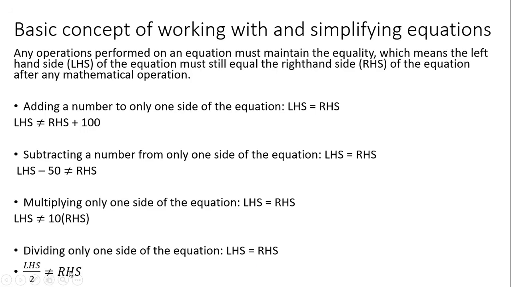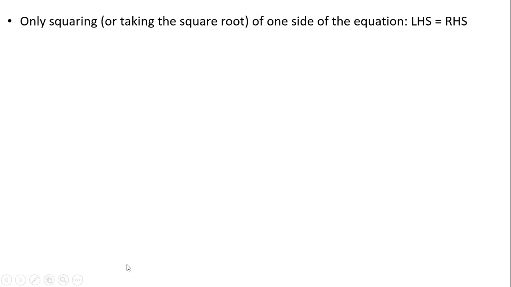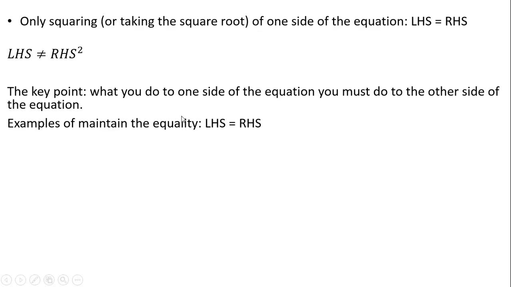Here I divide the left-hand side by 2. It will no longer be true that the left-hand side equals the right-hand side. Only squaring or taking the square root of one side of the equation will also be a no-no. The left-hand side will no longer equal the right-hand side if we only square the right-hand side of the equation. So what should we do?